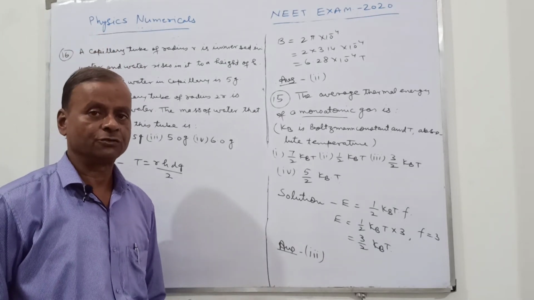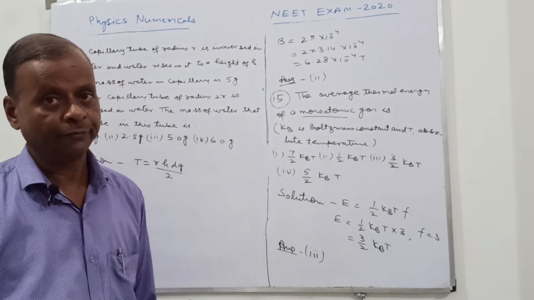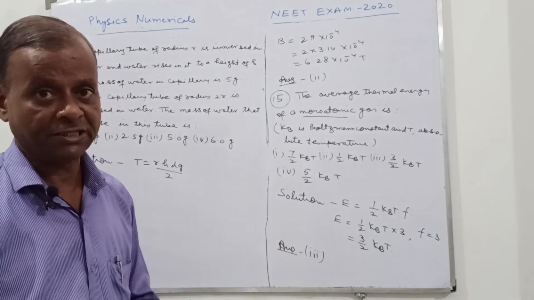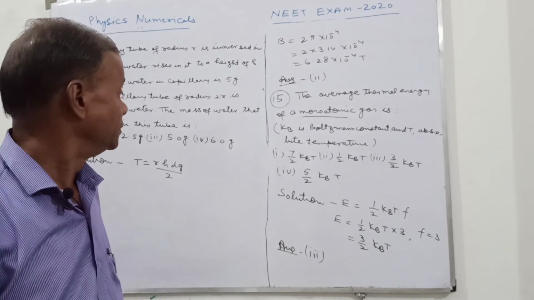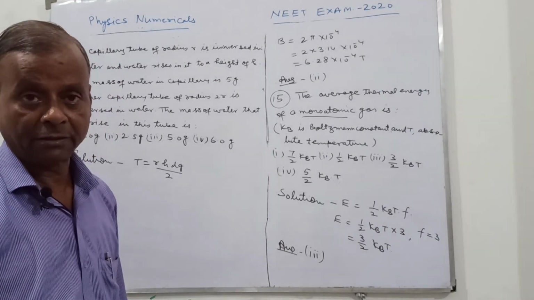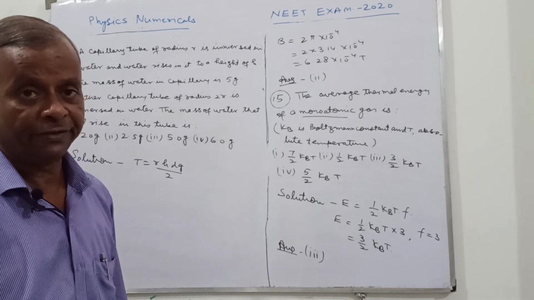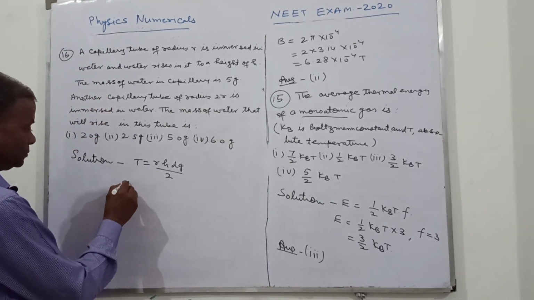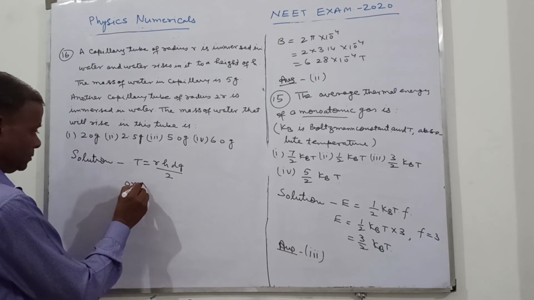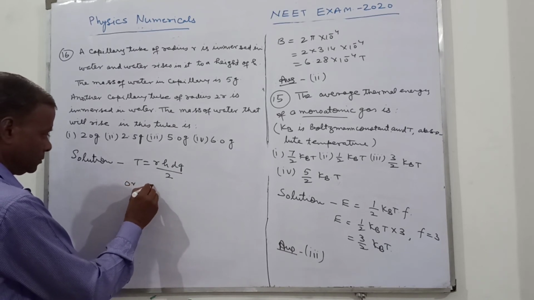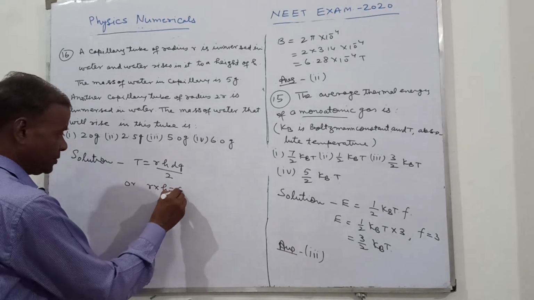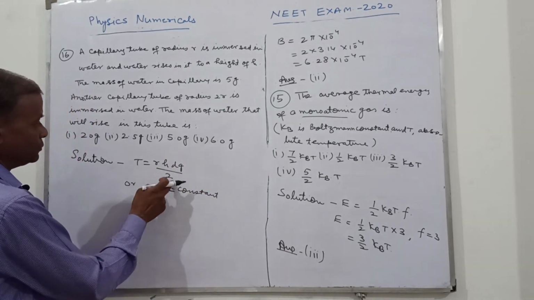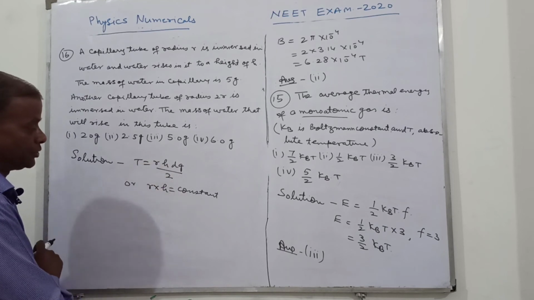For that mass, we must know about the volume, because the density of the water is constant. So by calculating the volume, you can find the mass. Or r into h equal to constant, because everything is constant here except r and h.